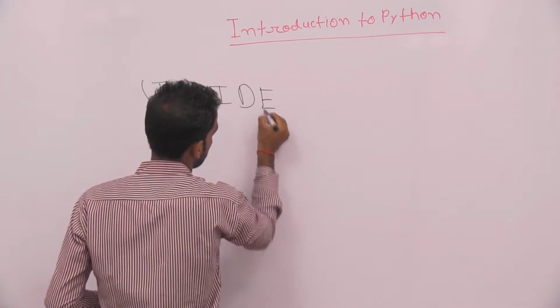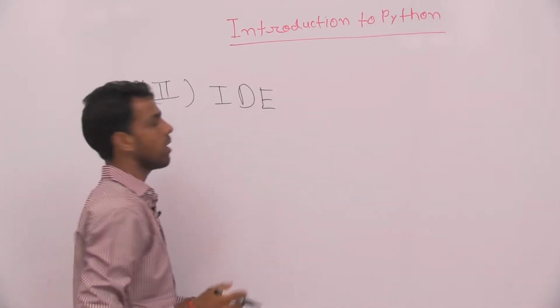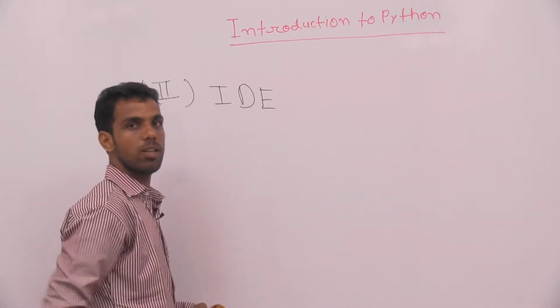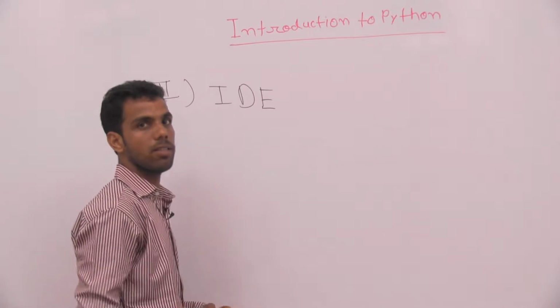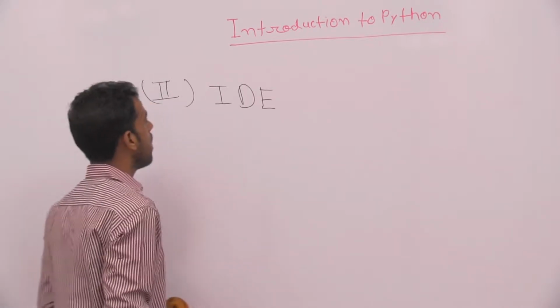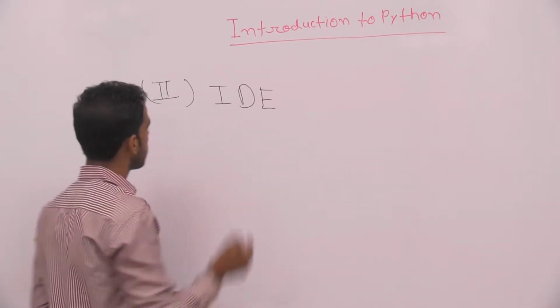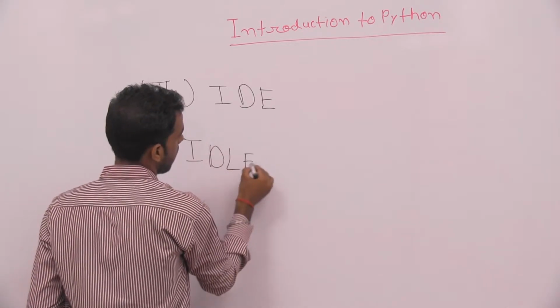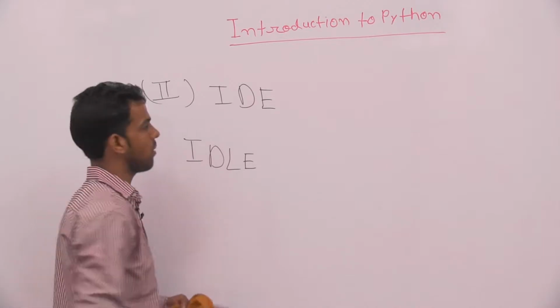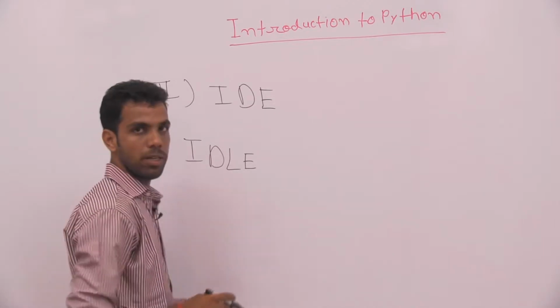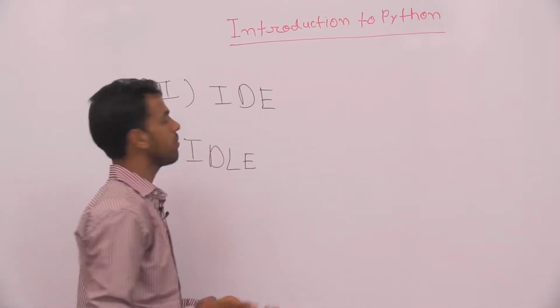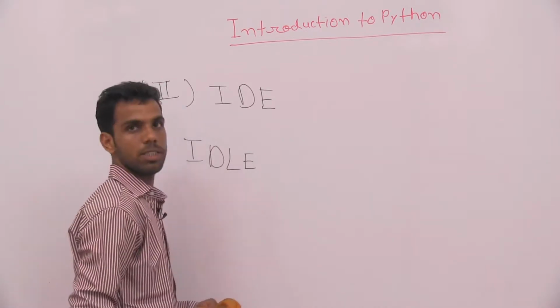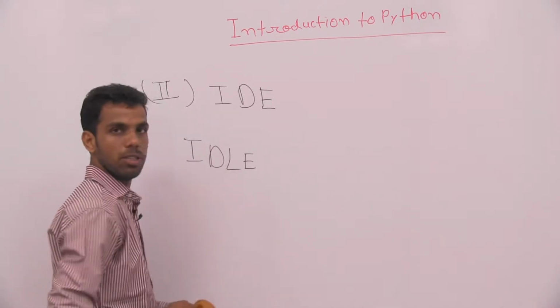For using an IDE, we have to download one which has the capability of executing, running and editing Python programs. There are many IDEs, but IDLE is the most popular IDE used for Python programs. We have to download it, and after downloading we just double click on the exe file and the Python IDE will be installed.